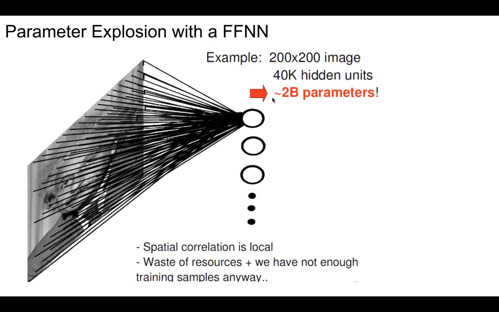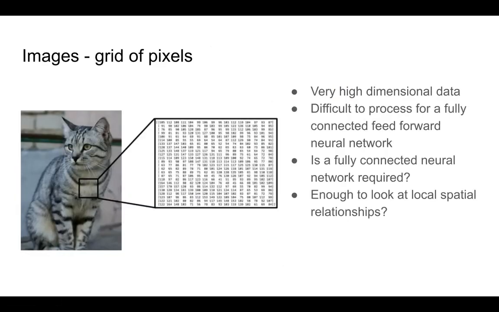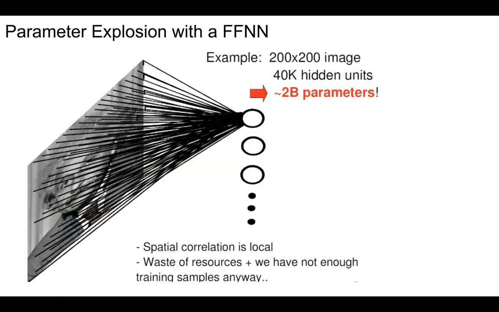In that way also, the image of a cat gets destroyed, because if one row involves its eye, the eye will be at some place and the nose at some other place. So it's very hard to keep track of the spatial relationship with ANNs. And the most difficult thing is the parameter explosion. There are like 2 billion parameters for just connecting one neuron, which is not great.